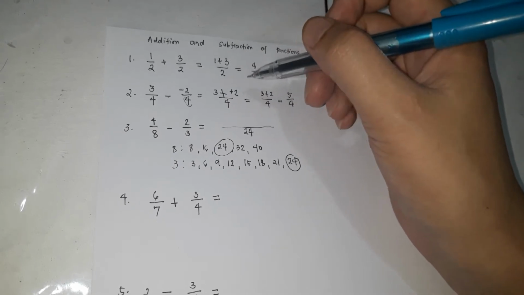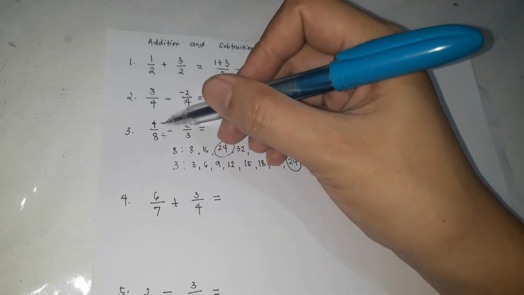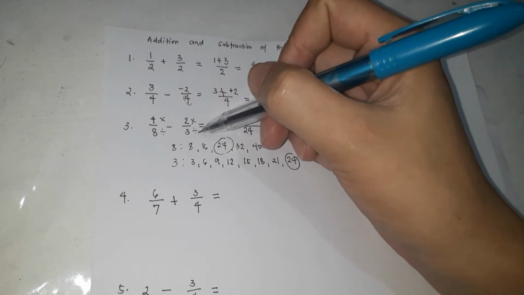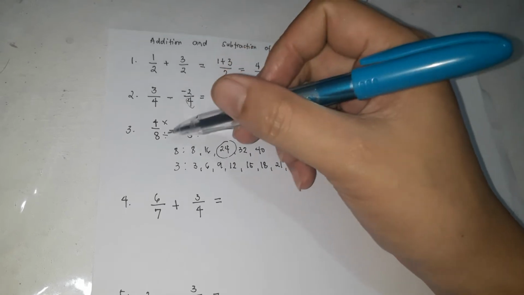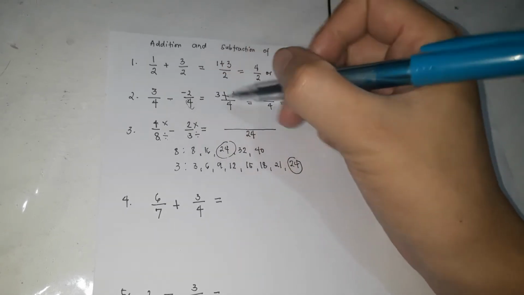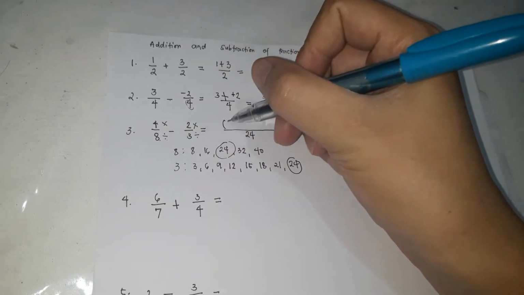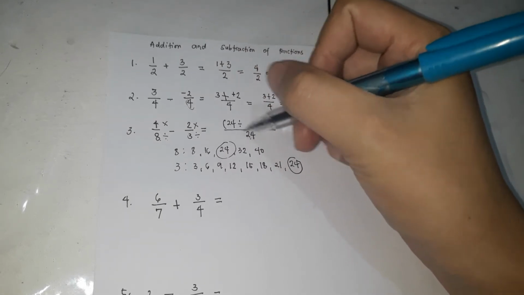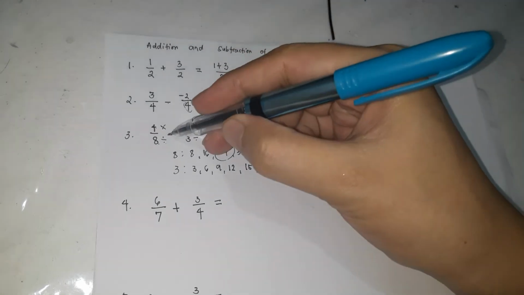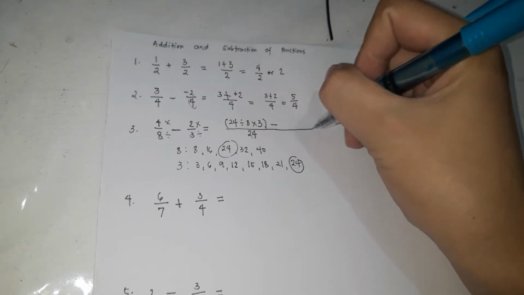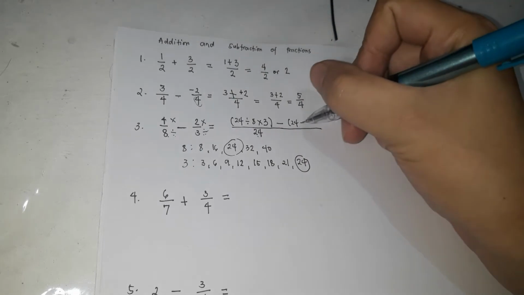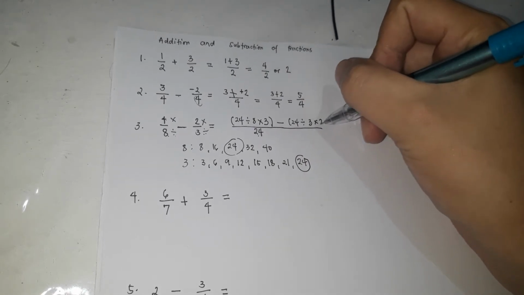So the next thing you're going to do is divide, times. Again, it will be divide, times. So 24 divided by 8 is 3, times 4. Or 24 divided by 8 times 3, minus, copy minus, 24 divided by 3 times 2.